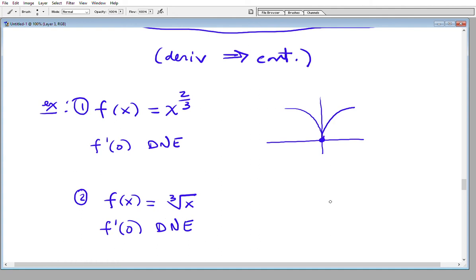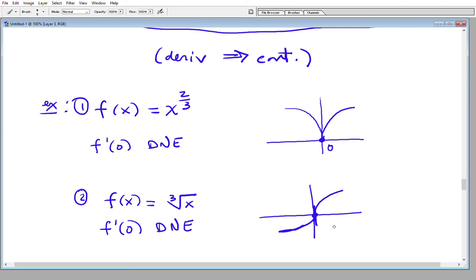Let me graph this. Here you see it comes to a point. So this is similar to absolute value of x. All right, but let me just show you, this one's different. Let me show you what this function looks like. It looks like this, and then it swings around like this. So it doesn't come to a point, but the tangent line, you see that tangent line? It's vertical.